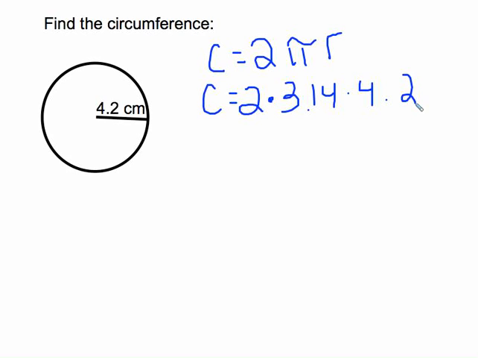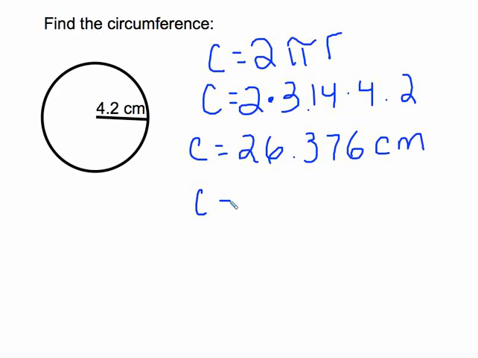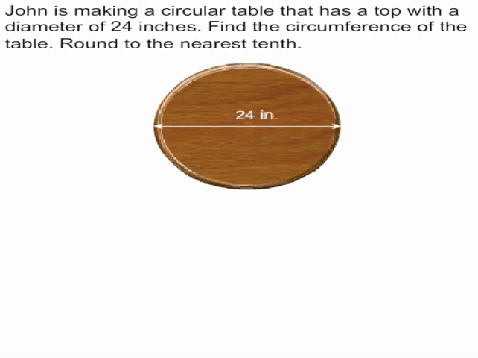And you should get circumference equals 26.376 centimeters. Now typically I'll ask you to round to the tenth, which is this place right here. So this will be 26.4 centimeters. Okay, so let's keep moving.